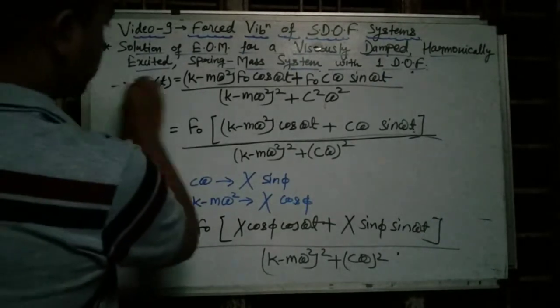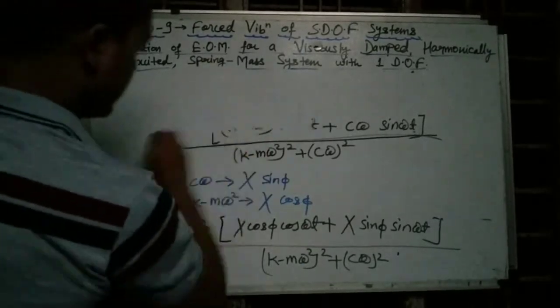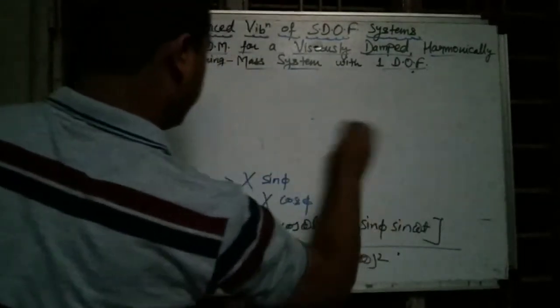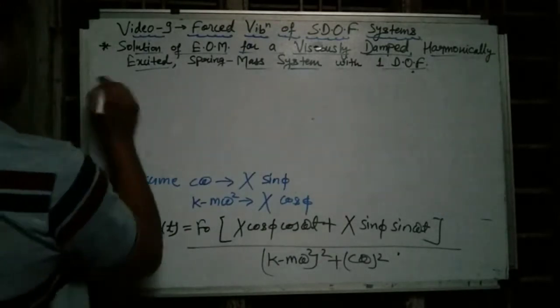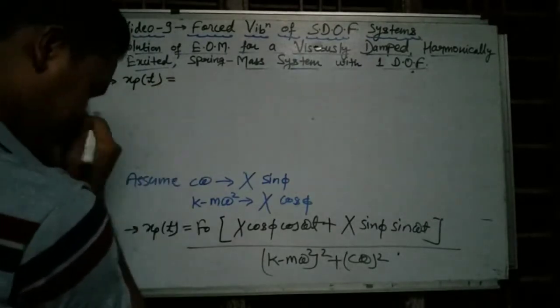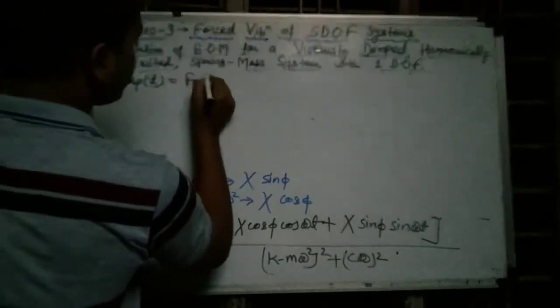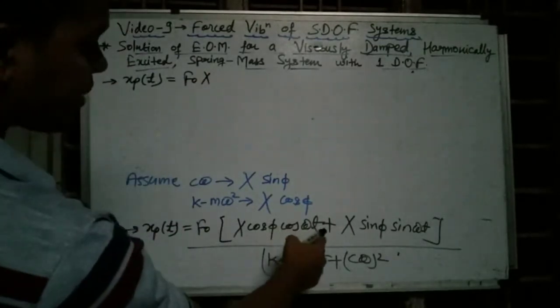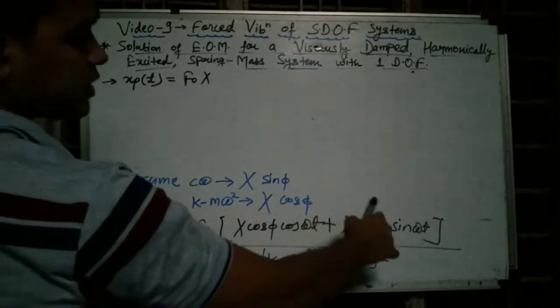Now my xp(t) will be, see here, X and X can be taken outside, so f naught into X. Now this is cos phi cos omega t plus sin phi sin omega t, which is of the form cos a cos b plus sin a sin b.